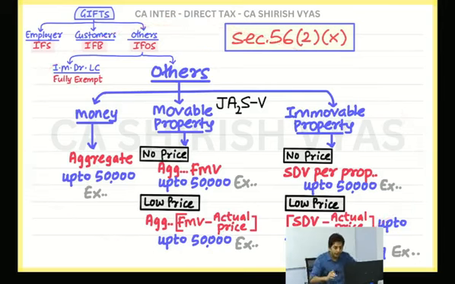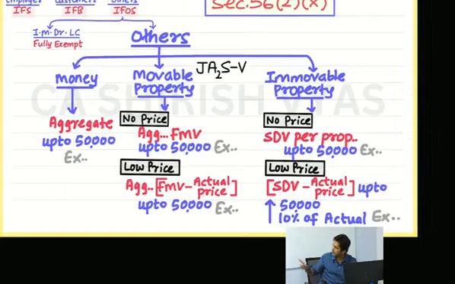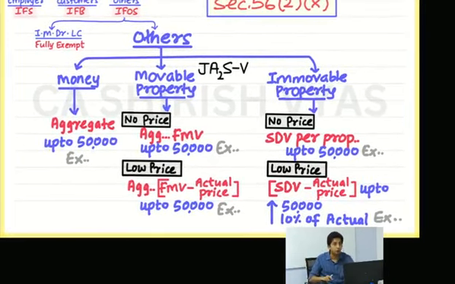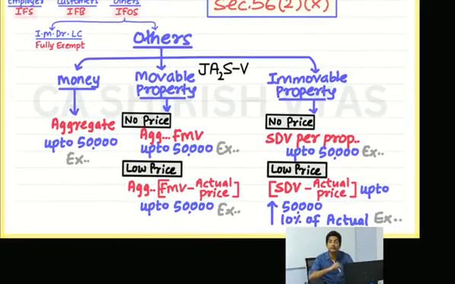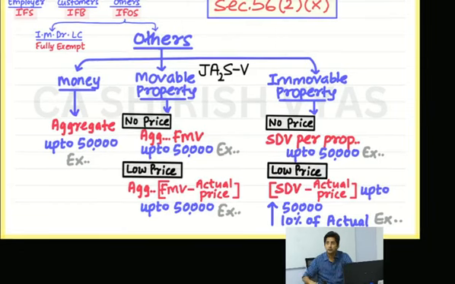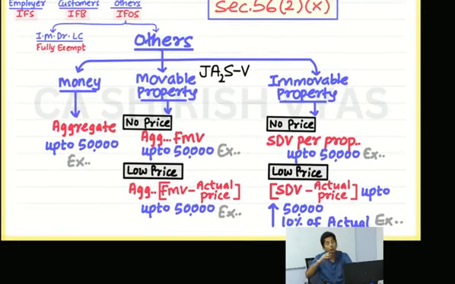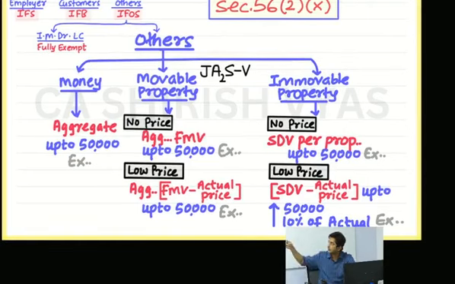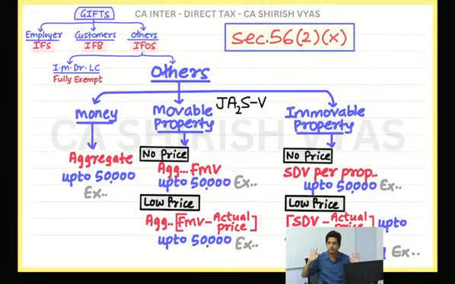And everything has come in one chart, you didn't realize. In the actual law, this whole thing is given in two to three pages. It is so complicated in the original law, but everything has come in one chart. You just have to remember this.